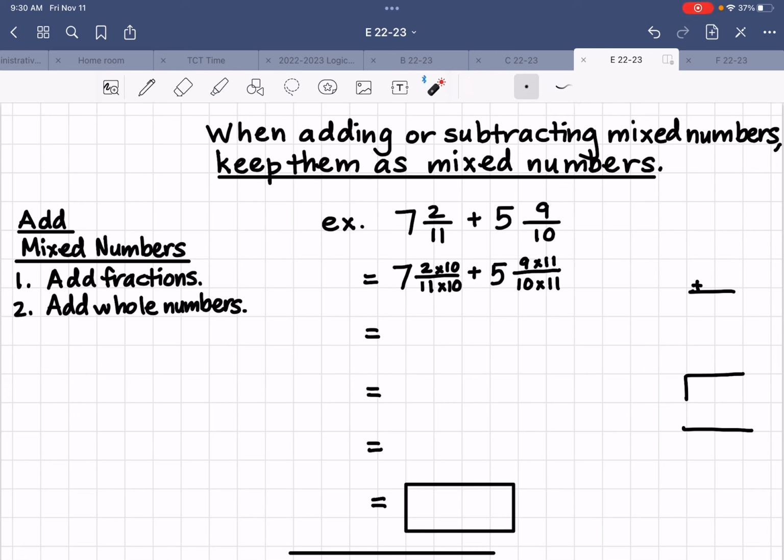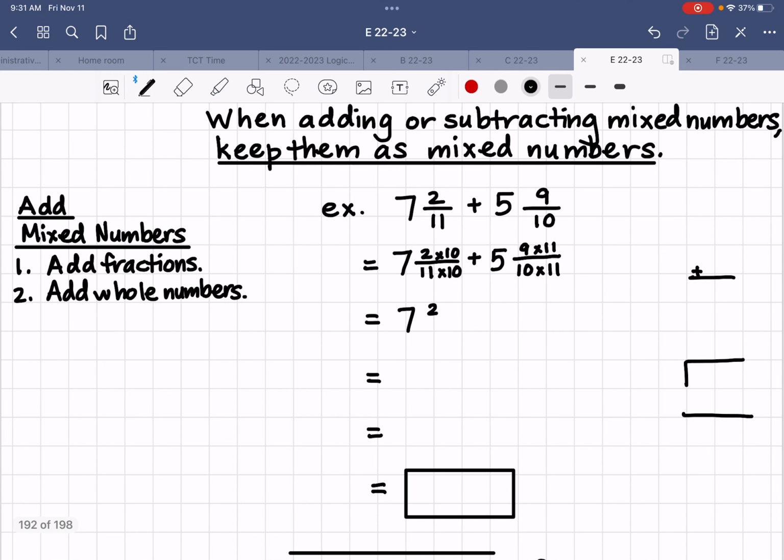All right? Now we rewrite what the equivalent mixed number is down below on this next line. So we have 7 and, what is 2 times 10? 20 all over 11 times 10, which is 110. So we have 7 and 20/110ths plus 5 and 9 times 11 is 99.